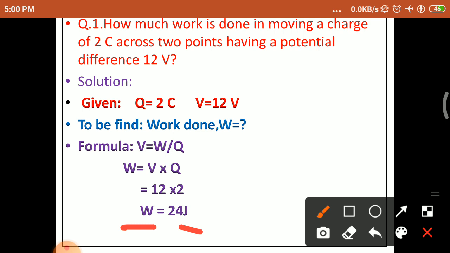I hope you understood. When you are writing the given, you have to check the SI unit. Then when you are writing the formula, you have to rearrange it and substitute the given values. So moving a charge of 2 coulomb across 2 points having a potential difference of 12 volt means that 24 joule of work is done.